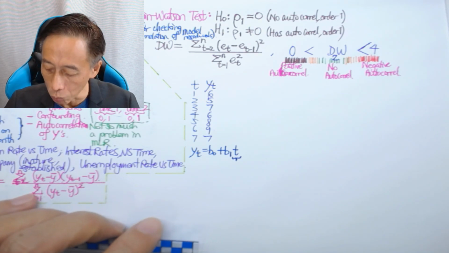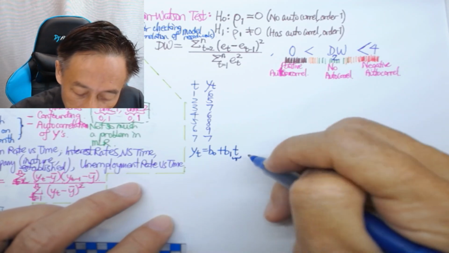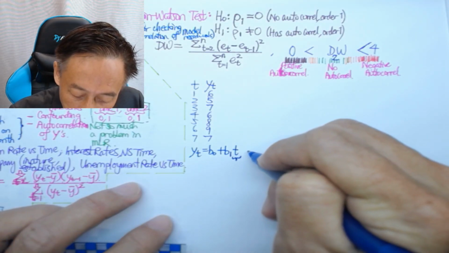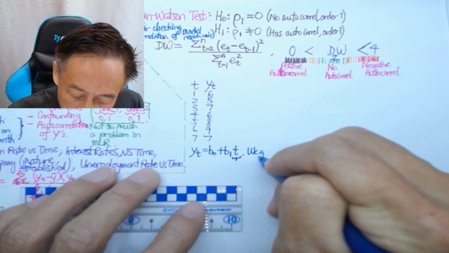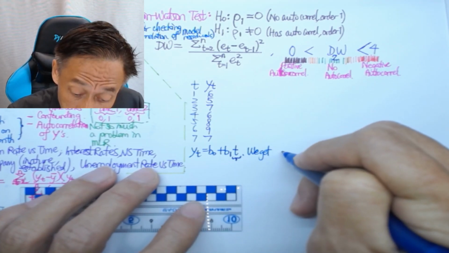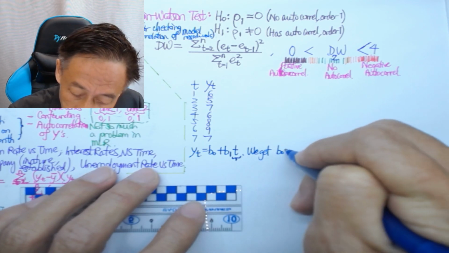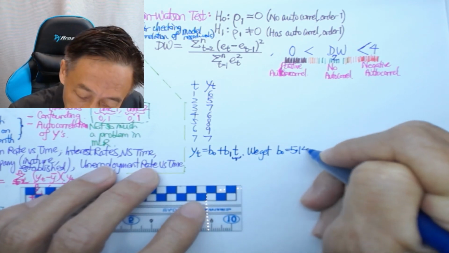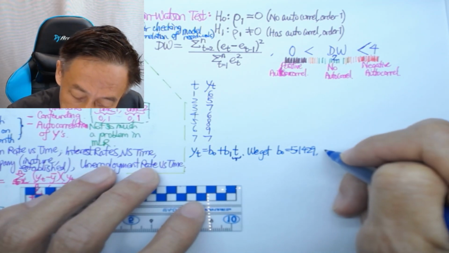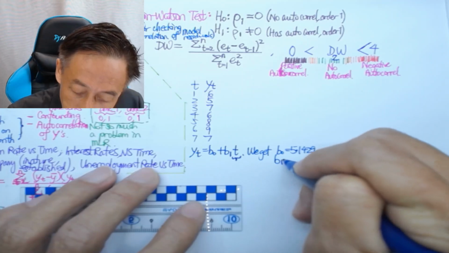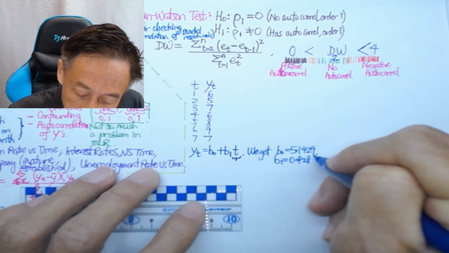If we do that, then what happens? If you just do your number crunching, we get b0 is 5.1429 and b1 is 0.4286. Right.